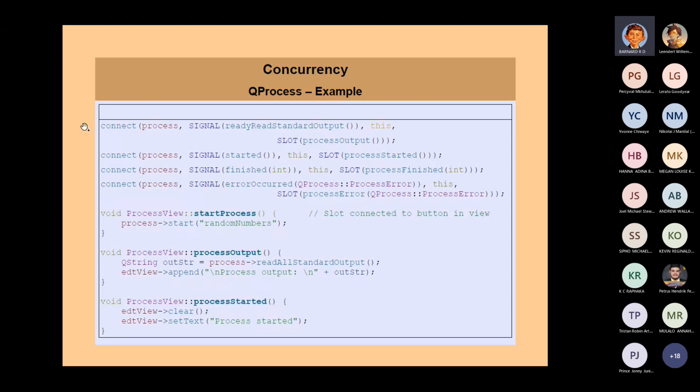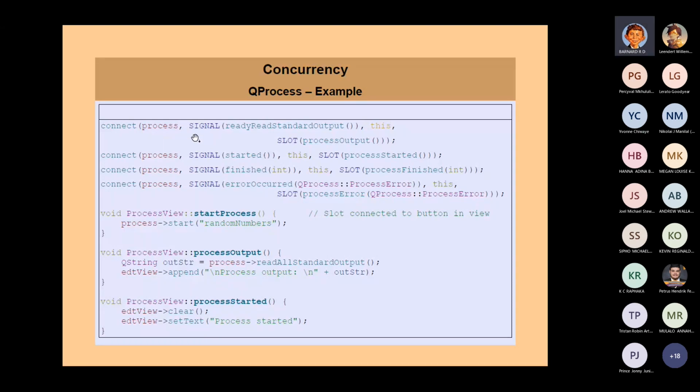Right, a QProcess example. An important part of using QProcess is connecting your signals and slots. So in this example, we have a pointer to a process. I haven't shown that separately here. You've instantiated a QProcess object here called process.